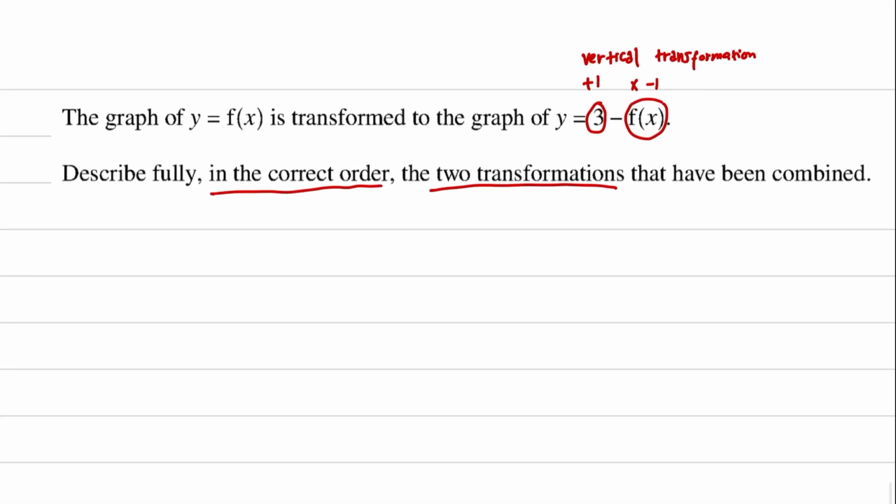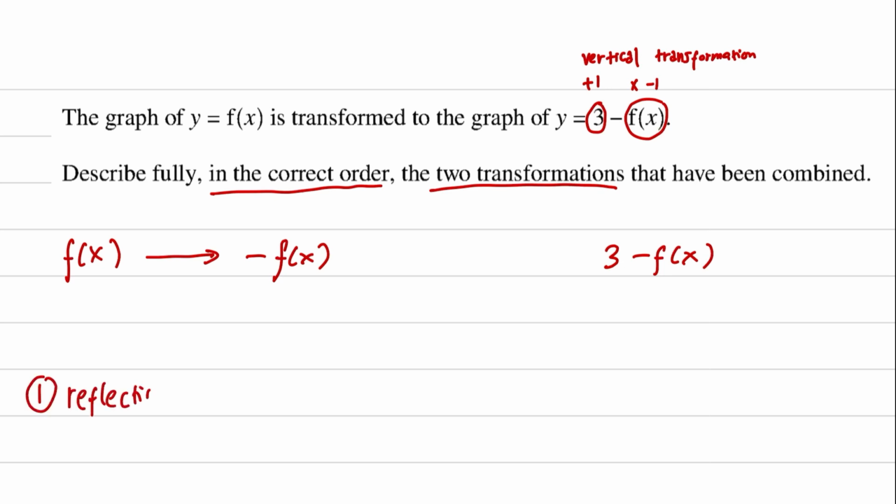So we have to do it in order. From f(x), our goal is 3 minus f(x). That means we need to minus first our f(x). So the first one we do is reflection in the x-axis.